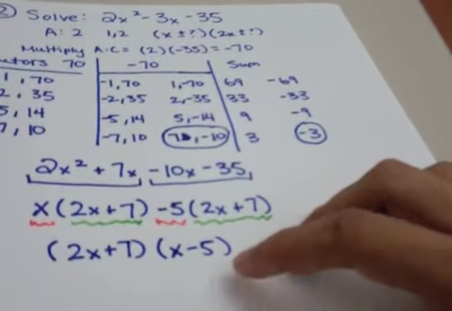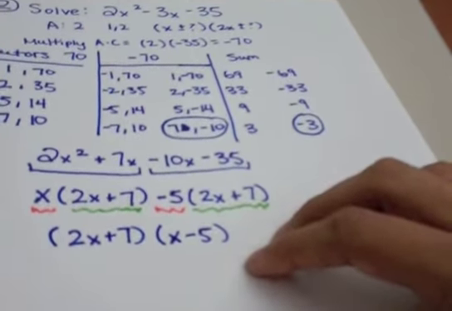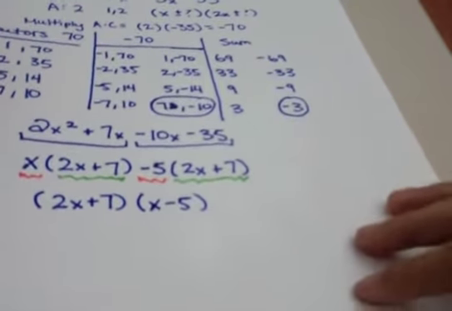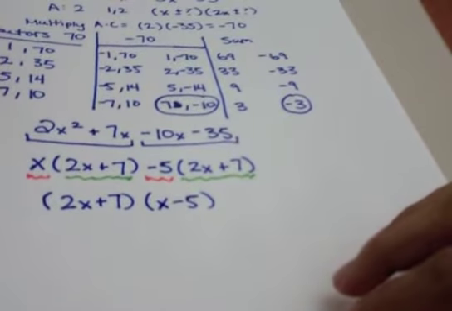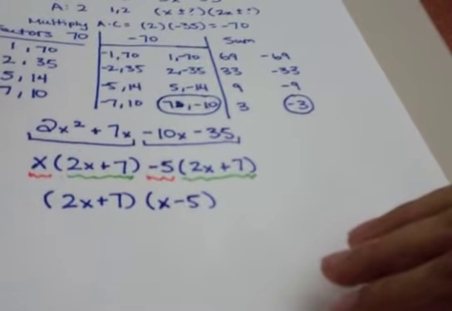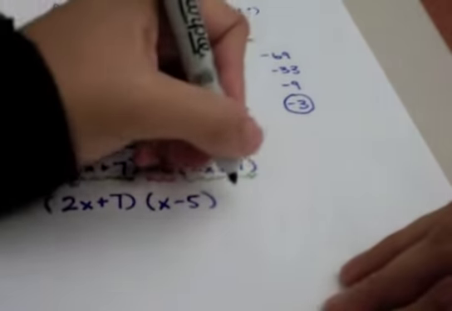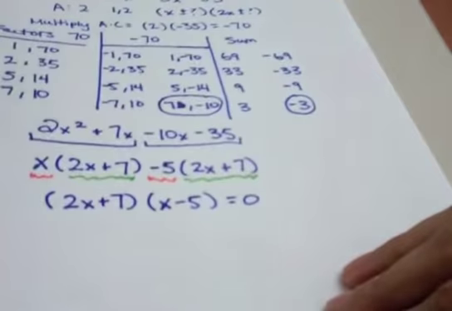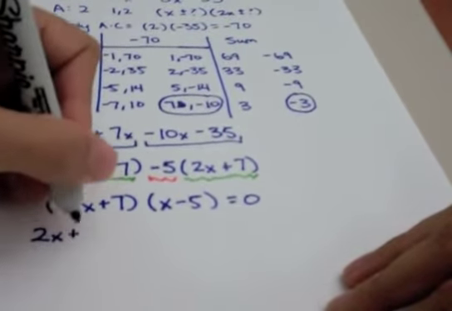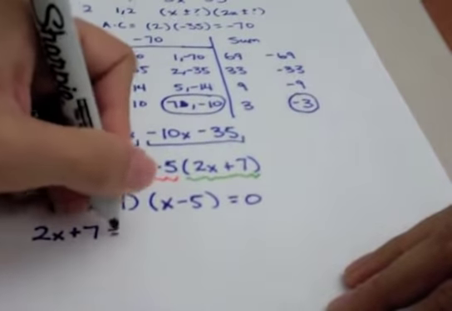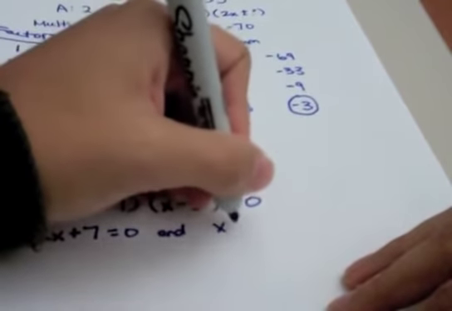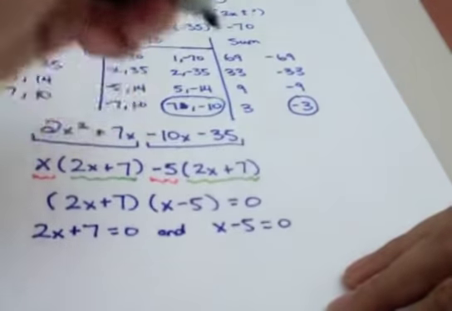Since it says that we should solve, we'll have to use the zero product property. A quick review: when two values multiply to 0, then at least one of them should equal 0. So you set each equal to 0 and make two different equations. You have 2x plus 7 equals 0, and x minus 5 equals 0.